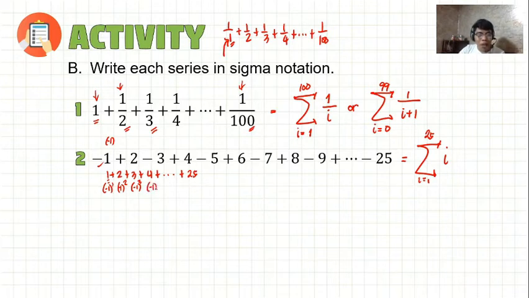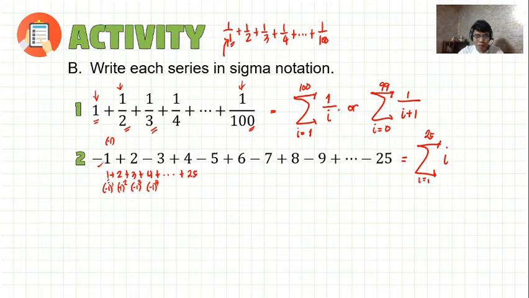And negative 1 raised to 4 is positive 1. From that, I can now see a pattern. So for 1, 2, 3, 4 until 25, I will just multiply by negative 1 raised to 1, 2, 3, 4 until 25, and I get the negatives in my series.